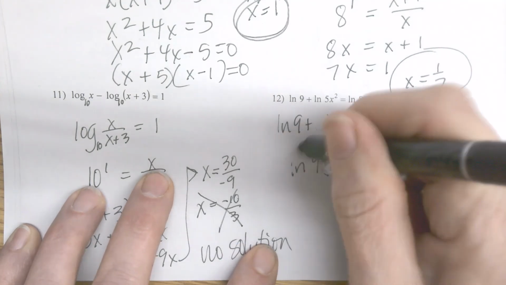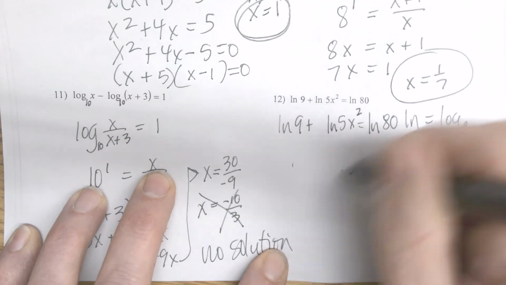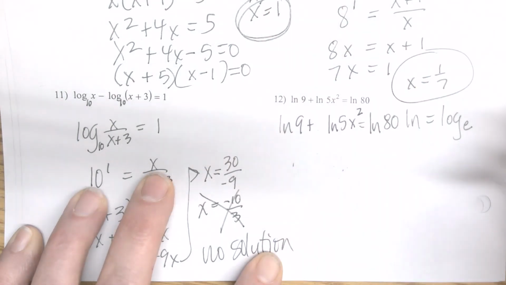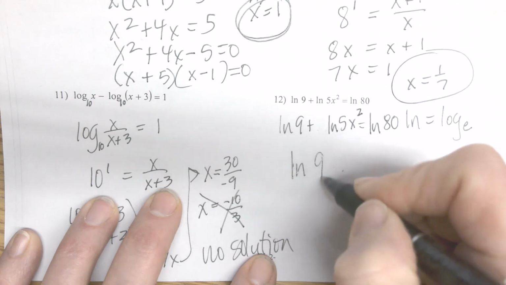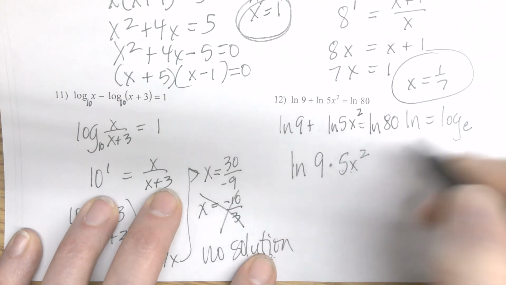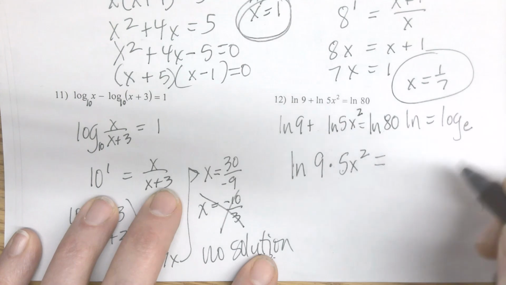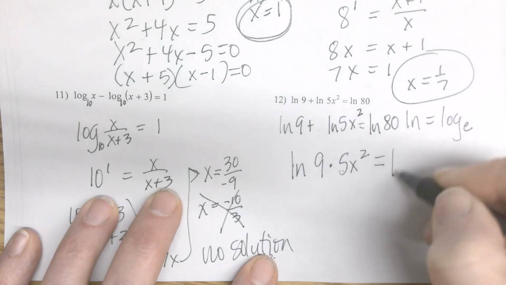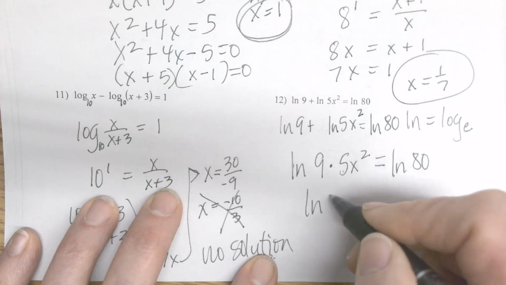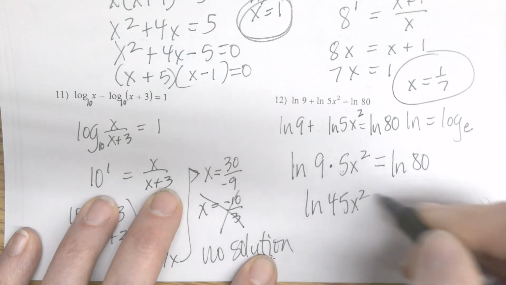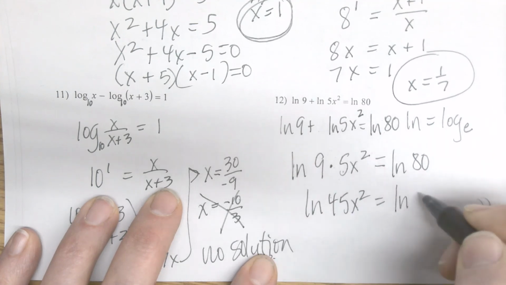Okay, I can't do that. I can't bring that power down. I wasn't thinking there for that moment. Sorry about that. So this is going to be ln 9 times 5x squared equals ln 80. And then I have ln 45x squared equals ln 80.